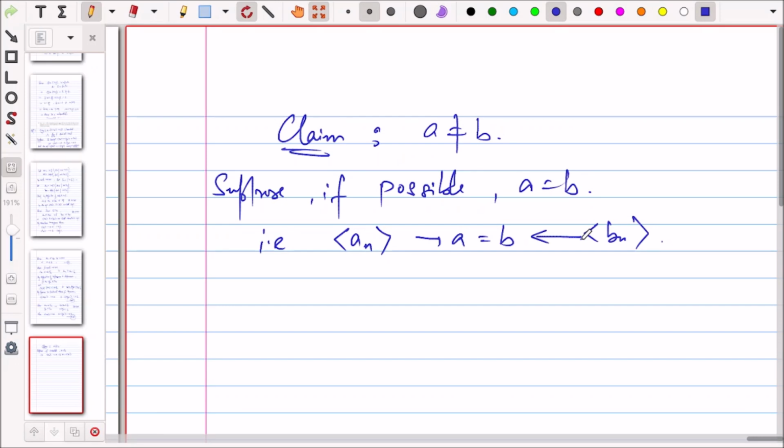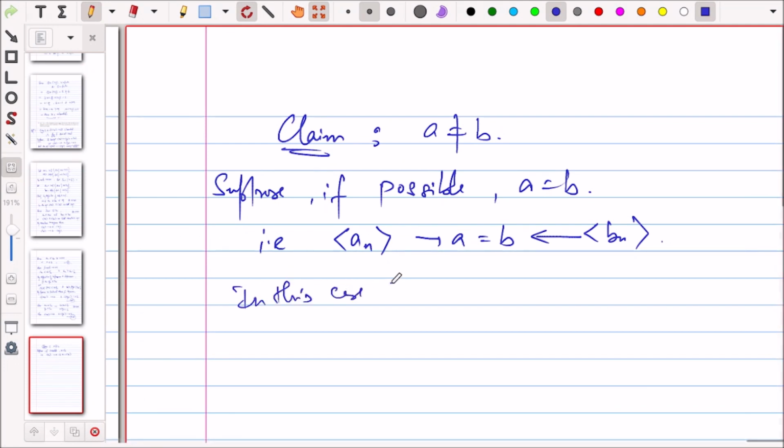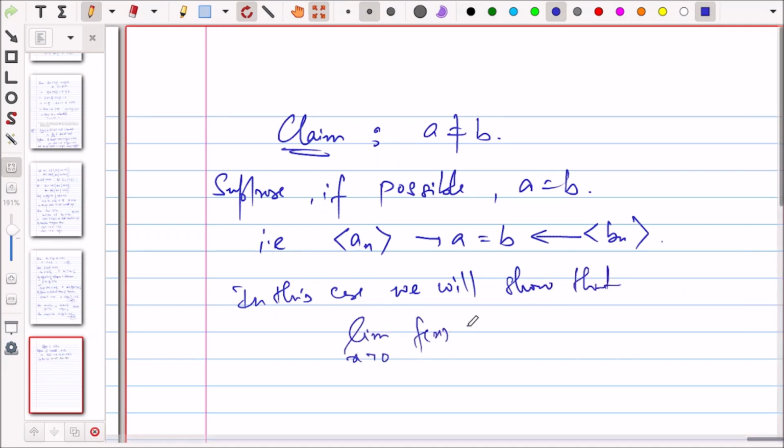So in this case we will show that limit x tends to 0 f of x will be equal to a, which will equal b. So basically we will show that the limit exists, which will contradict our given hypothesis that the limit does not exist. So this will be our contradiction.